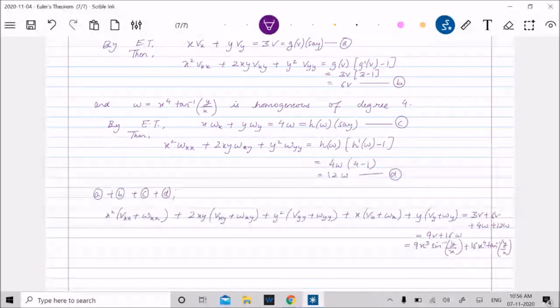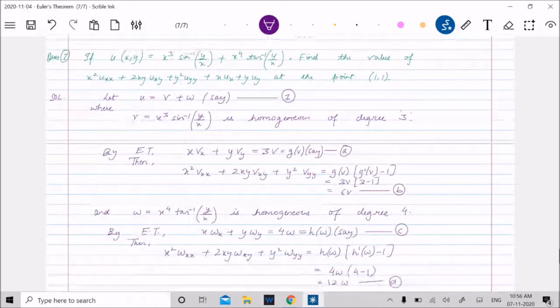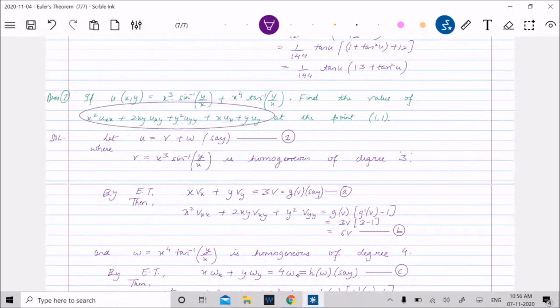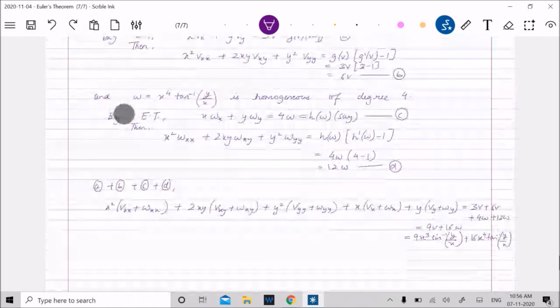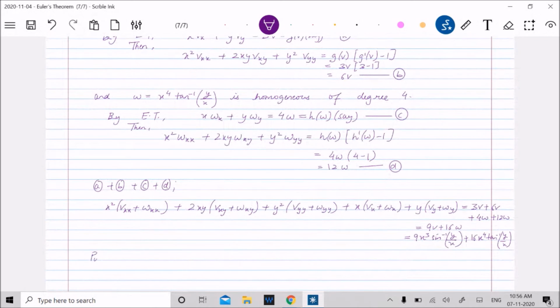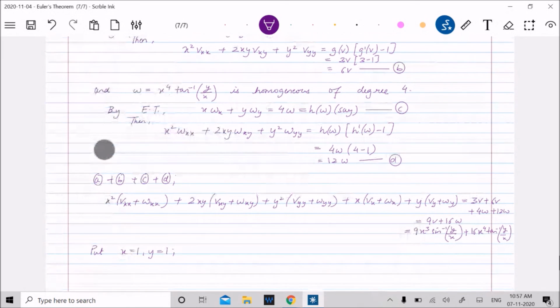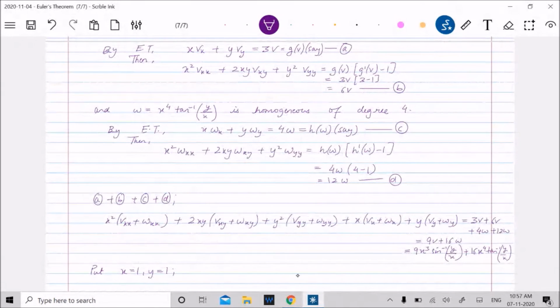So this is just the required expression for this thing, but you have to put x equal to 1 and y equal to 1. So now I'm going to put x equal to 1 and y equal to 1 in the last expression, so that of course the left hand side can be repeated, and of course this can be simplified like this.